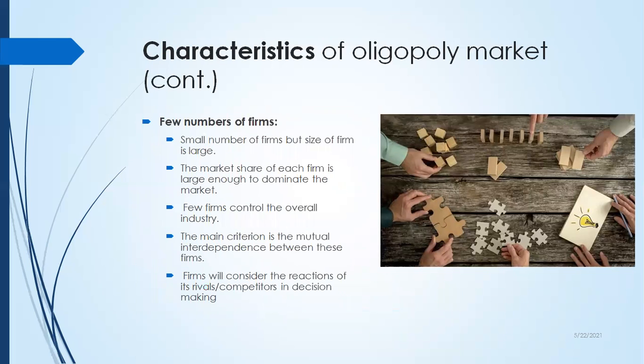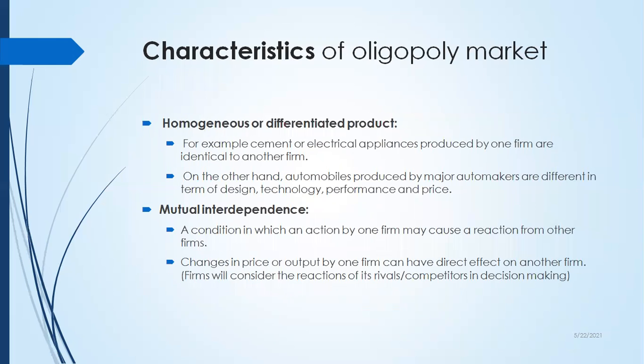There is a small number of firms, but the size of each firm is large. The market share of each firm is large enough to dominate the market. These few firms control the whole industry. The main criterion is the mutual interdependence between these firms, which means considering the reaction of competitors in decision making.